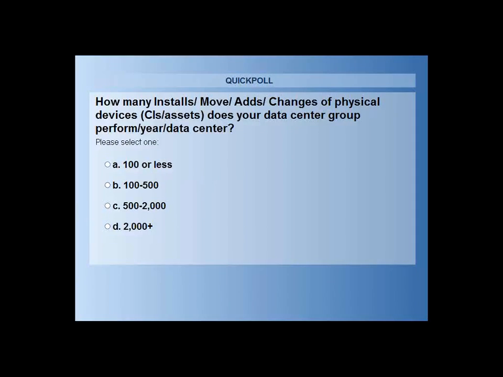And the question is, how many installs, moves, adds, changes of physical devices, configuration items, or assets does your data center group perform each year per data center? So if you have a main data center, use that one. Don't necessarily think globally, but for a single, your main data center, is it 100 or less, 100 to 500, 500 to 2,000, or greater than 2,000?